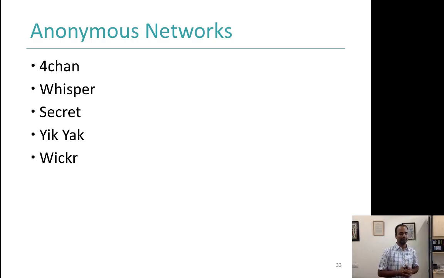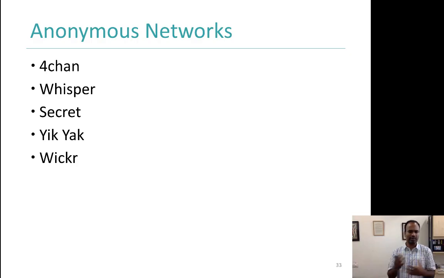What we're going to look at in this part of the lecture is something called anonymous networks. Anonymous networks are networks where it is not clearly visible, or not possible to find out, who is actually posting the content.